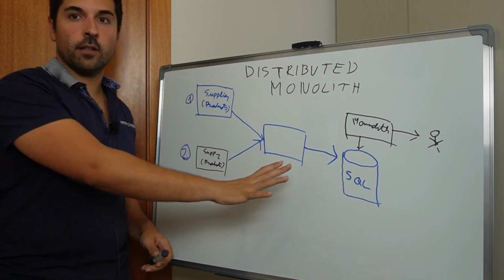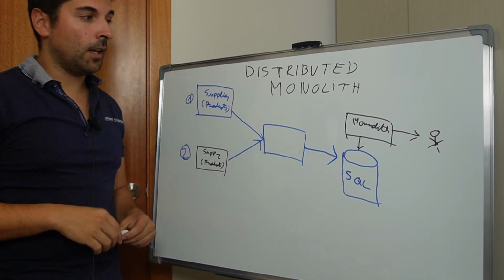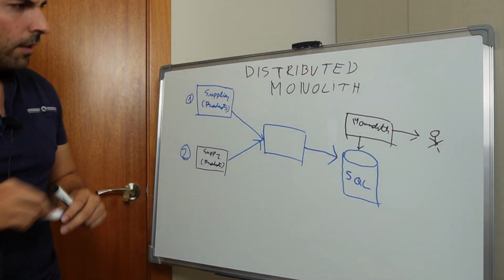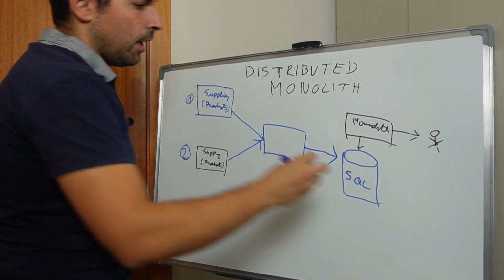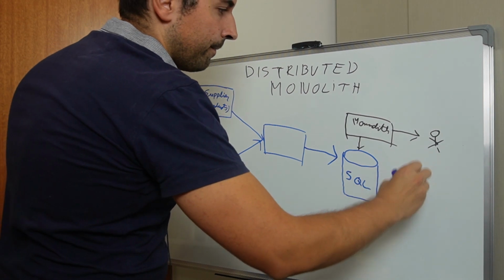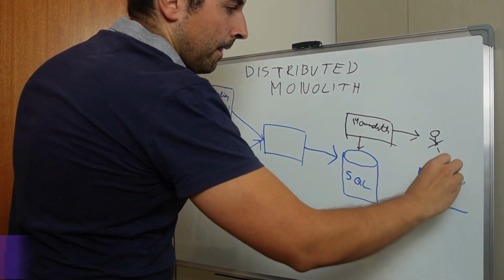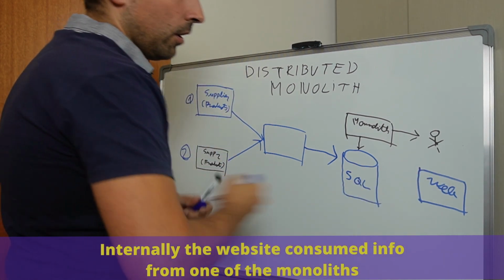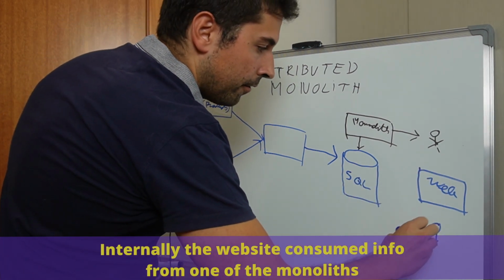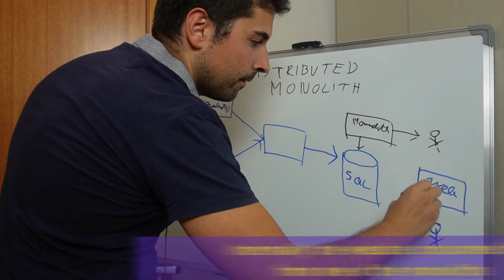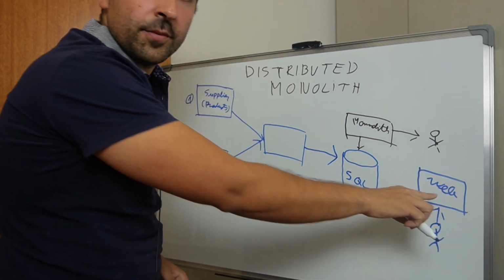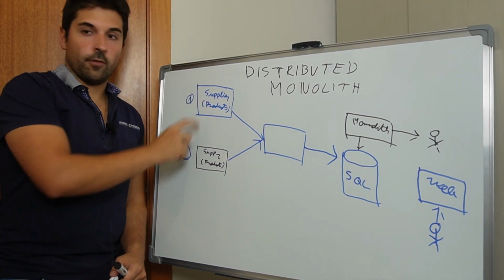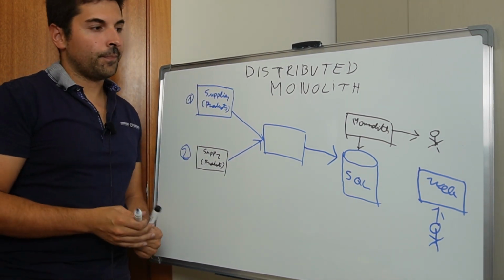I don't have any inconvenience with this type of architecture. The problem came when there was another application here, a website. So another type of third party, our customers, were using this website and were able to look at the information from these guys, which is really nice.